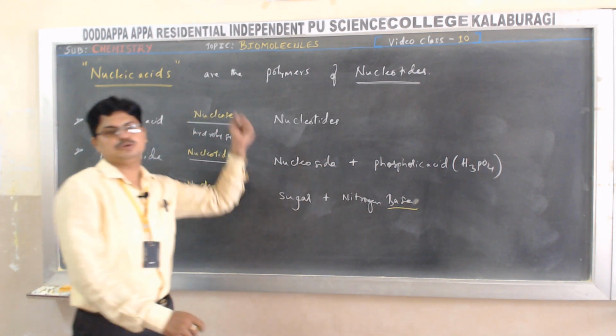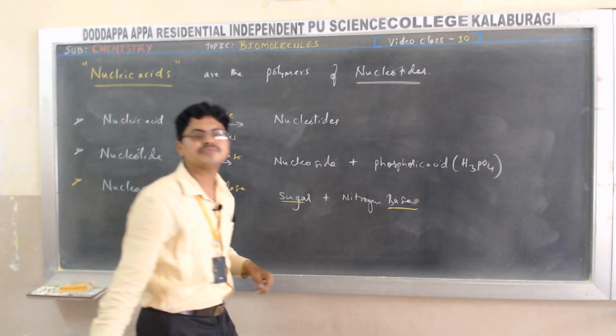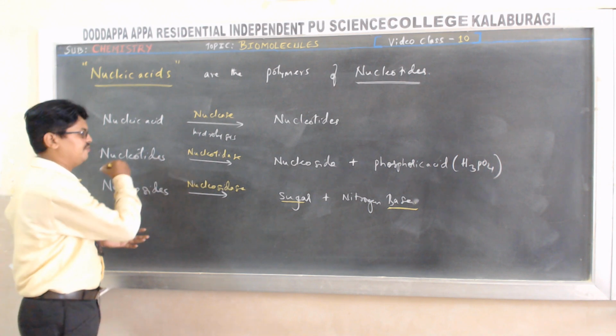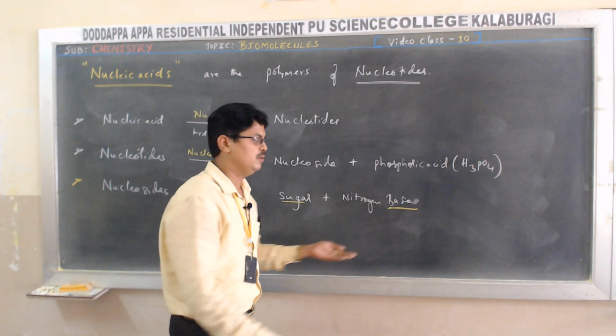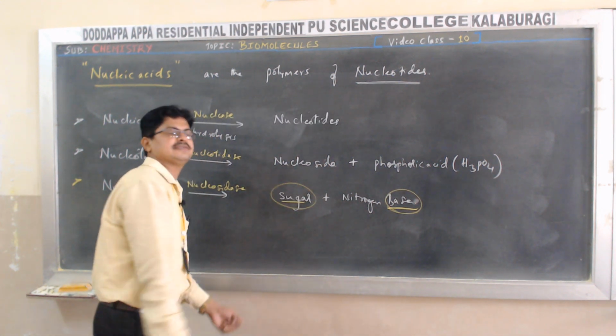Sugar plus nitrogen base, or simply sugar and base. So now what do nucleosides mean? Nucleosides are made up of sugar and base.